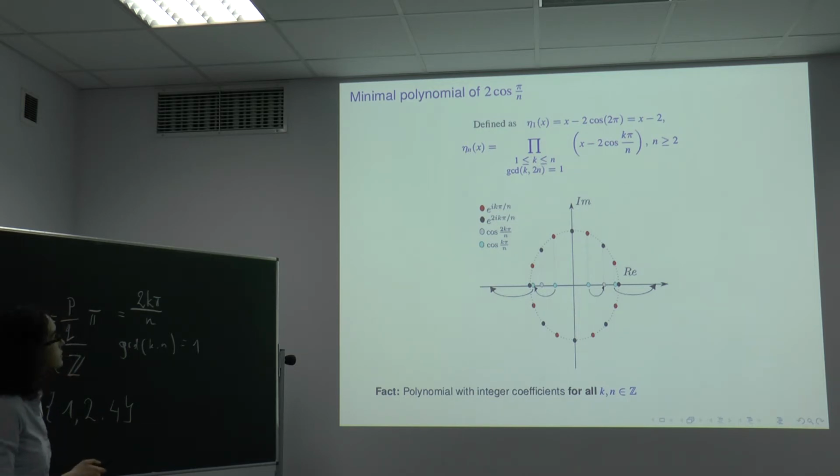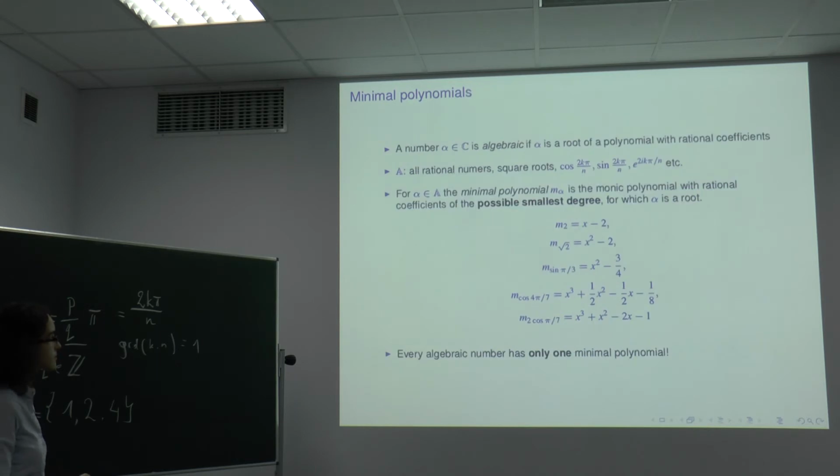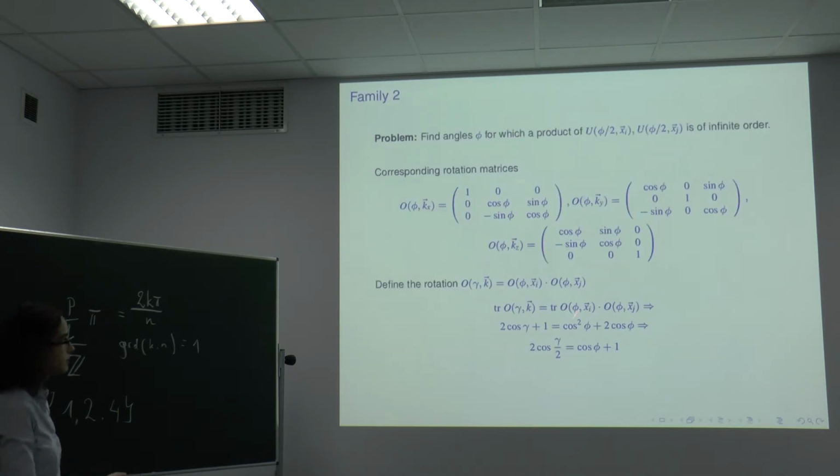Why 2 cosine and not just cosine? Because of the equation we want to solve. Because 2 cosine squared equals 1 plus cosine of the double angle.